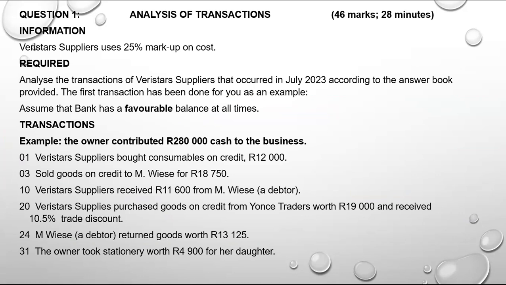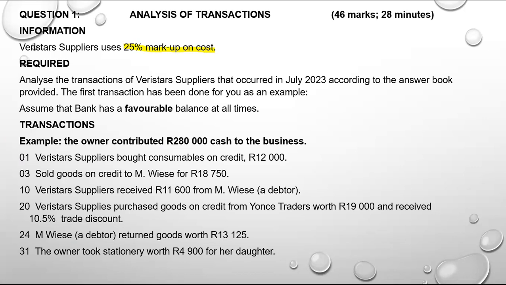Let me highlight that. I might need it. Now, we are required to analyze the transactions of Veristar's suppliers that occurred in July 2023 according to the answer book provided. The first transaction has been done for you as an example.